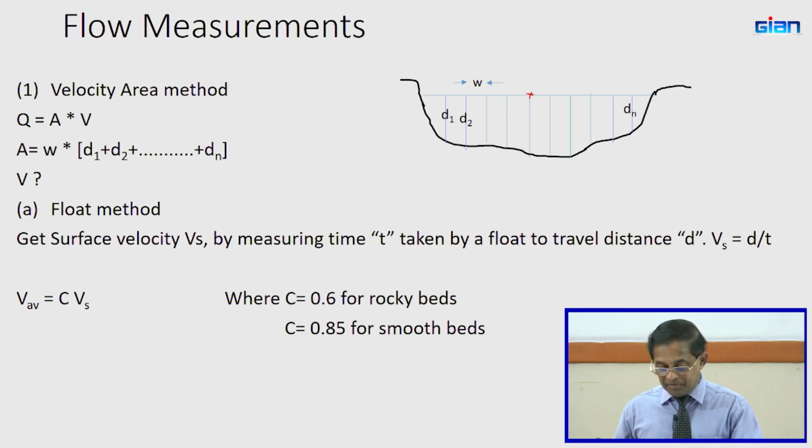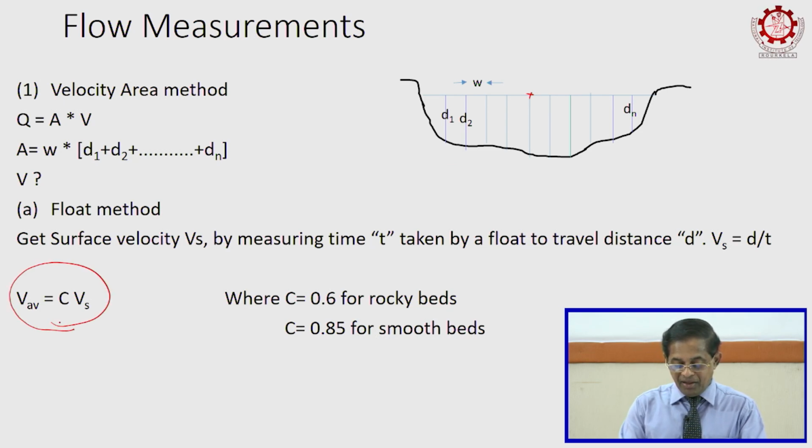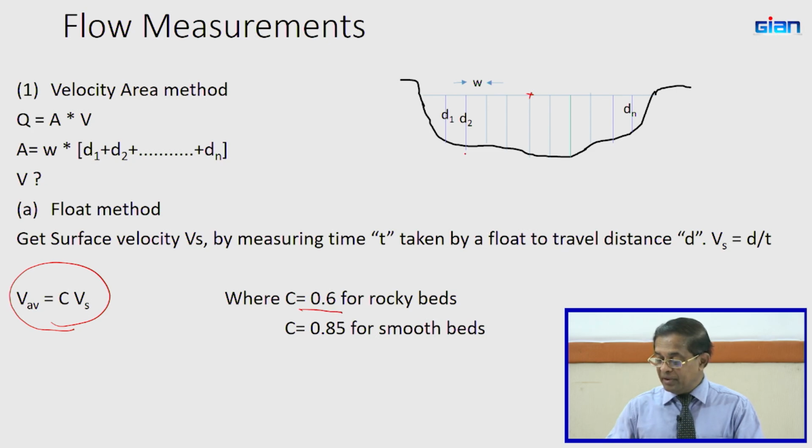Once you know the surface speed, you can use an approximate formula: average speed equals a constant times surface speed. This constant is about 0.6 for rocky beds. If the bed is rocky, the average water speed is about the surface speed multiplied by 0.6. If it is a smooth surface, it is about 0.85 times the surface speed.